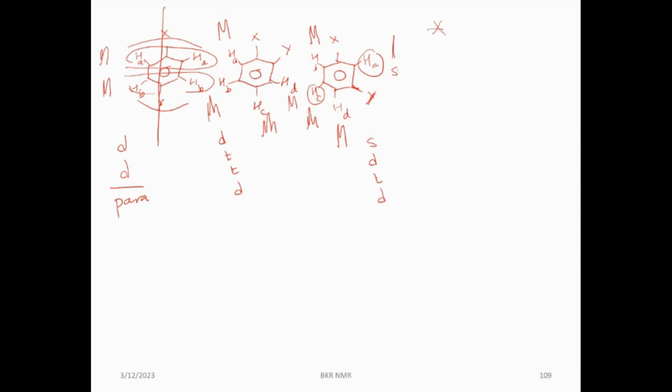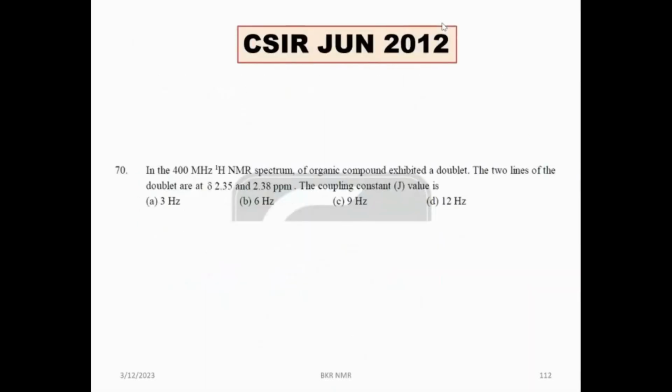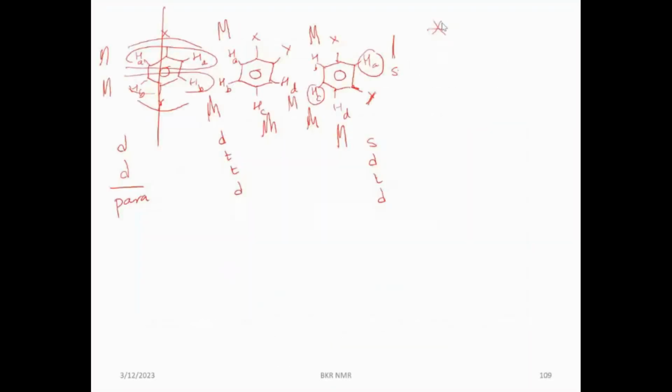Let us see. Initially, I'll have some problems on chemical shift and the coupling constant. Suppose I have a triplet at delta value 3.6. Always remember that for a triplet, doublet or quartet, the center of the multiplet will always lie on the chemical shift.